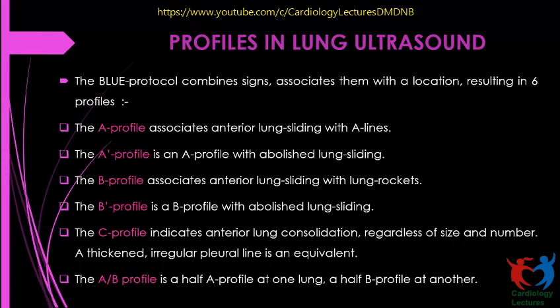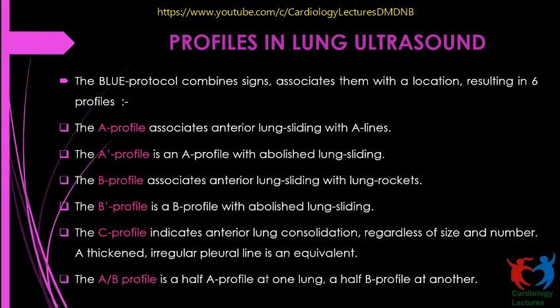The B profile is associated with anterior lung sliding with lung rockets. Lung rockets are the B lines. The B dash profile is a B profile with abolished lung sliding. So: A profile, A dash profile, B profile, B dash profile. If you have A or B profile at different places, sometimes A, sometimes B, or sometimes a very thick tissue-like consistency, it is called the C profile. It indicates anterior lung consolidation regardless of size and number.